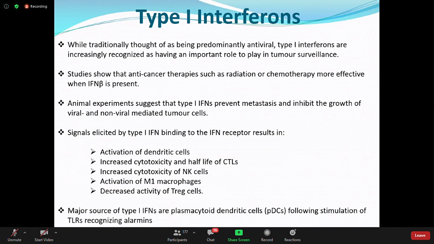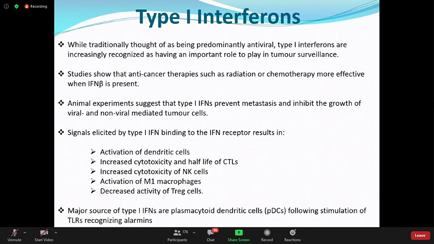Another relatively new discovery is the role of the type 1 interferons as adjuvants in tumor therapy. Now, I've talked about type 1 interferons as being predominantly antiviral, interferon alpha and interferon beta.